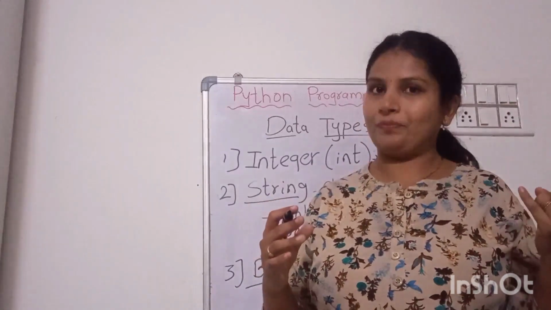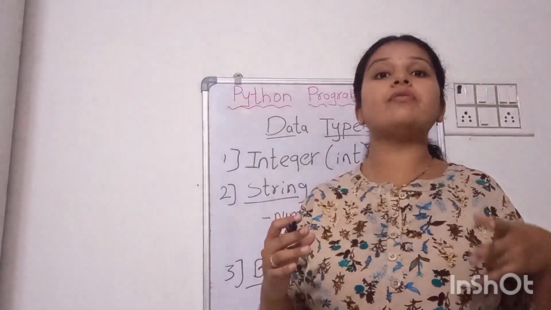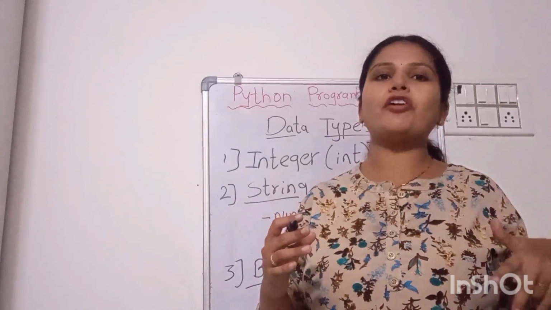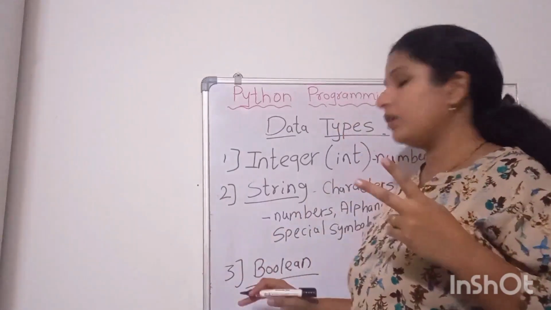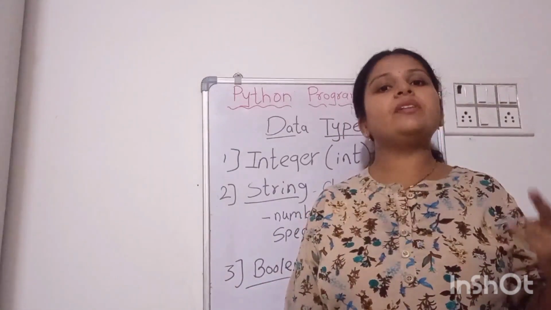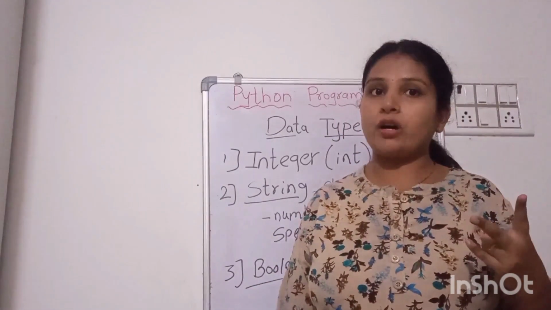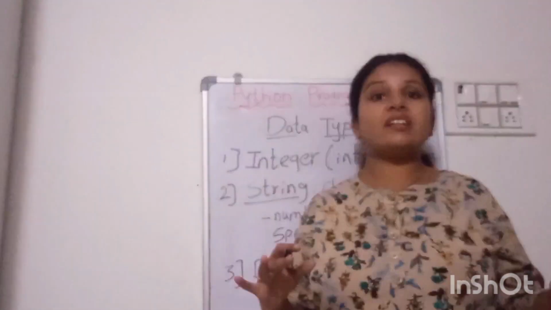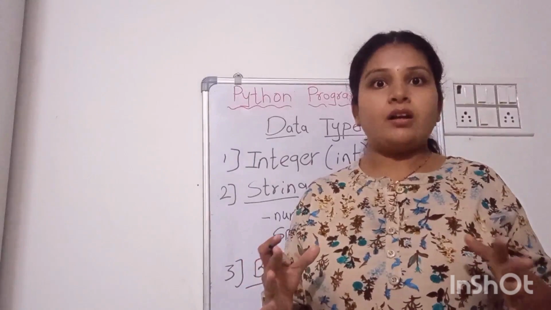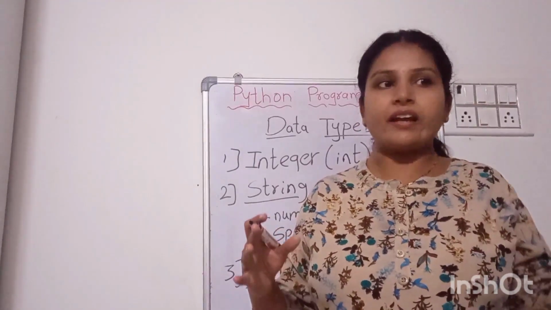Yes or no, 0 or 1, on or off. Okay, so there are only two values. Boolean means two. If there are only two values that you are working with, you can consider it as choices. You are giving choices to the user, yes or no.